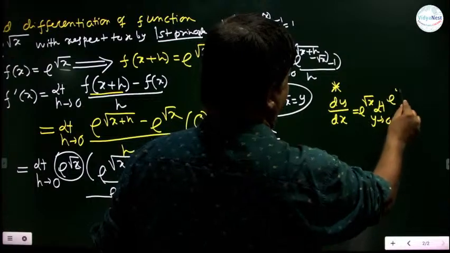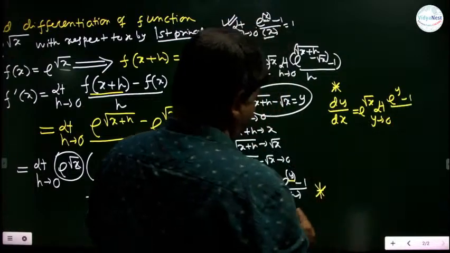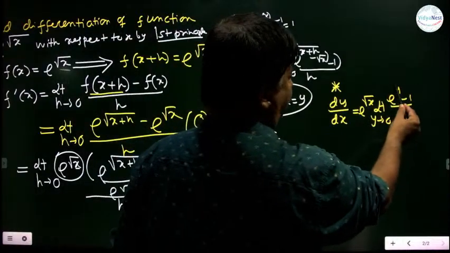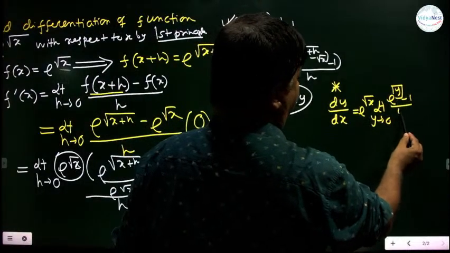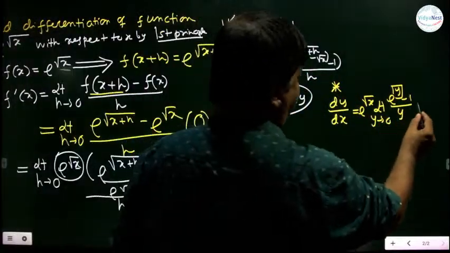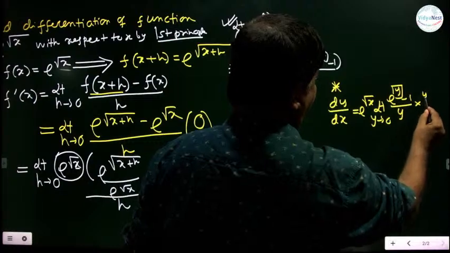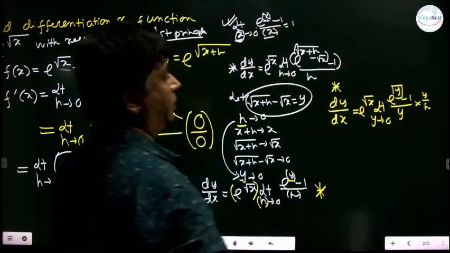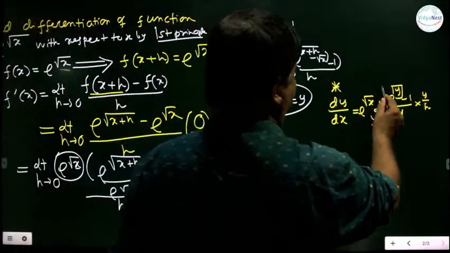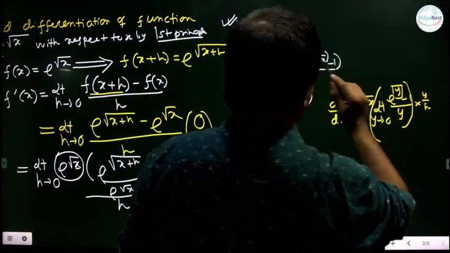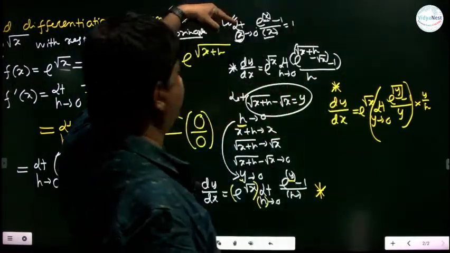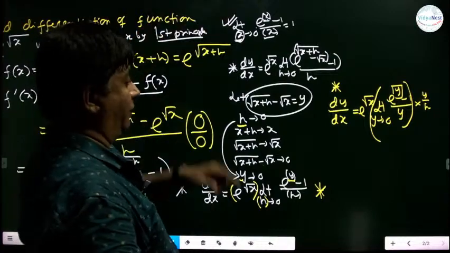E to the power y minus 1, you had h. Just to get the same variable, bring y in the denominator also, and to balance, multiply this thing by y. Now instead of this part, if you wish, you can write 1 because that is matching with the standard formula.